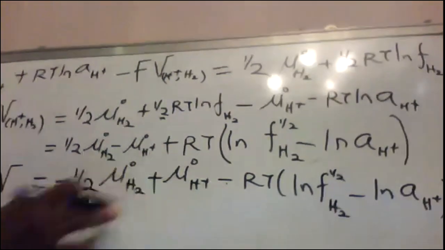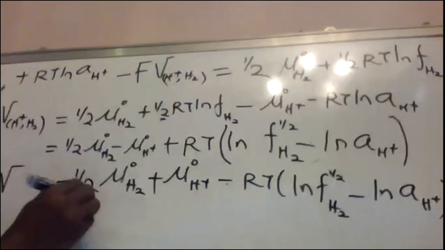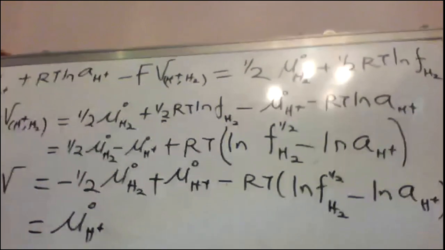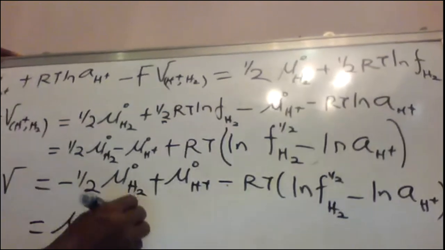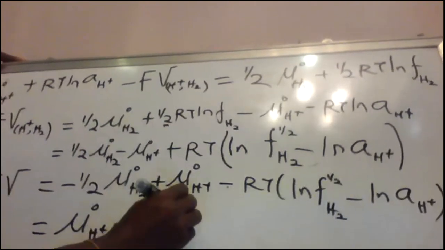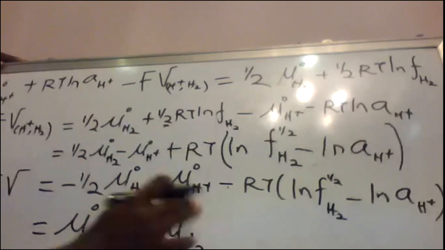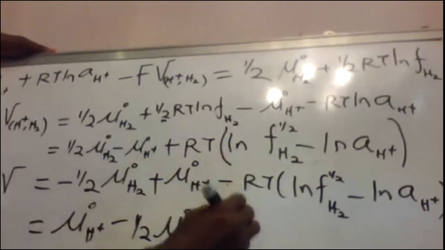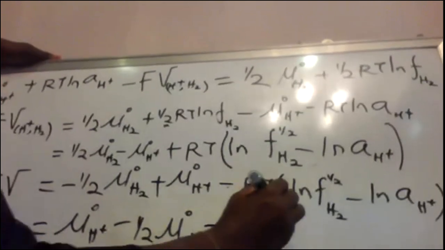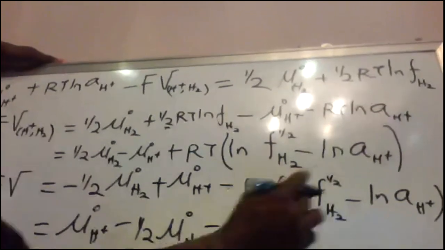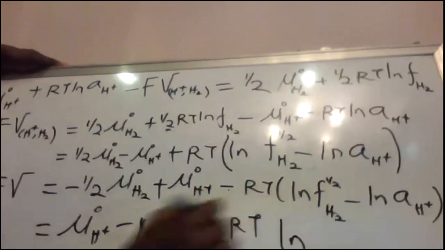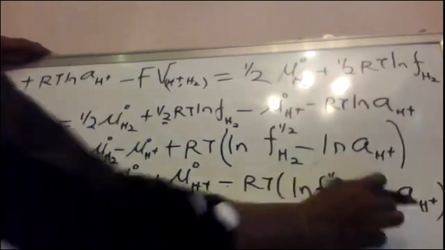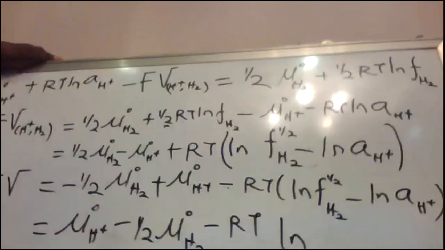So once we have this equal to mu naught H plus minus half mu naught H2, right? Mu naught H2. This has been taken care of. Minus RT ln. I'm also bringing out the ln. Ln is common to both. So this is going to be what?